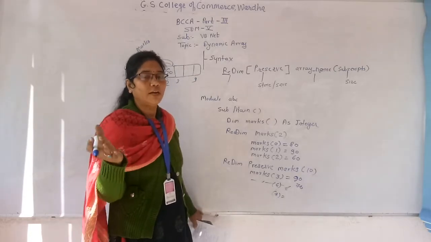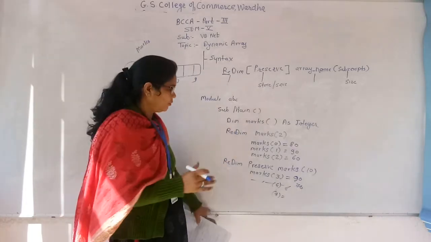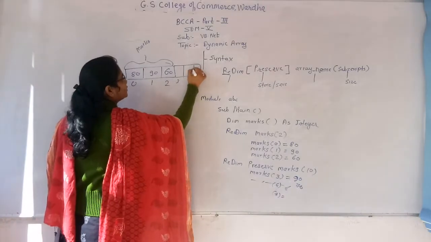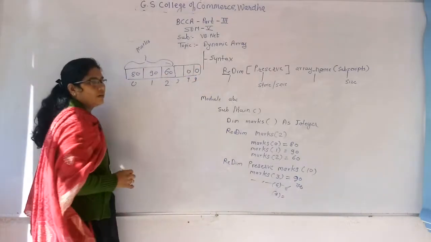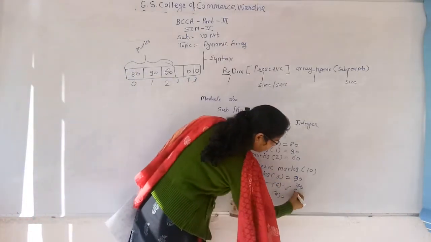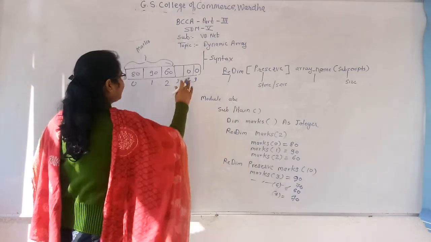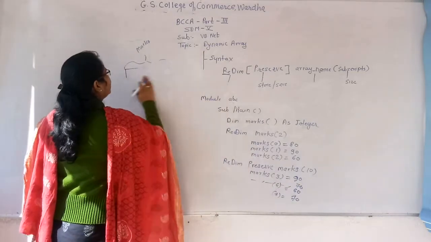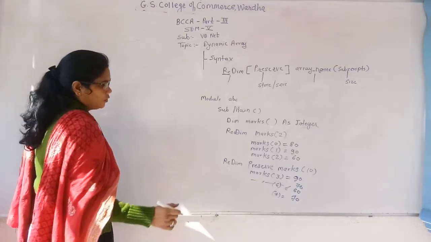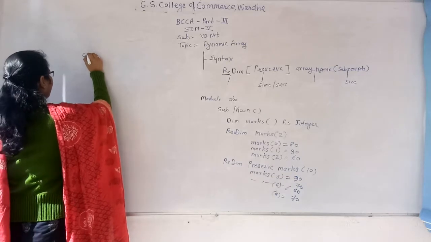According to garbage collection, those positions will be initialized by 0. So here we initialize the elements of that particular array, and the size of that array.